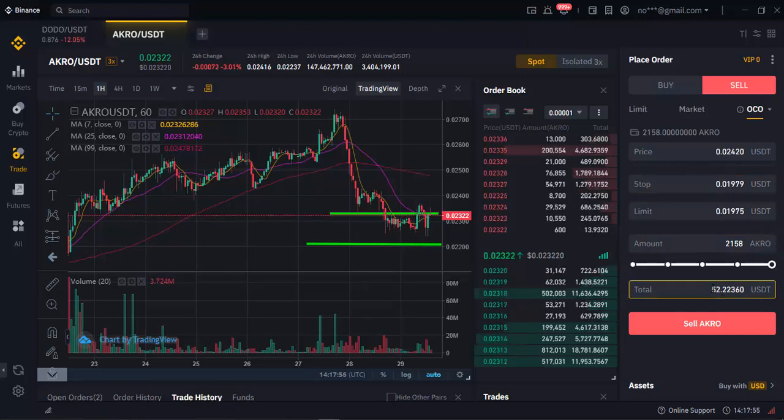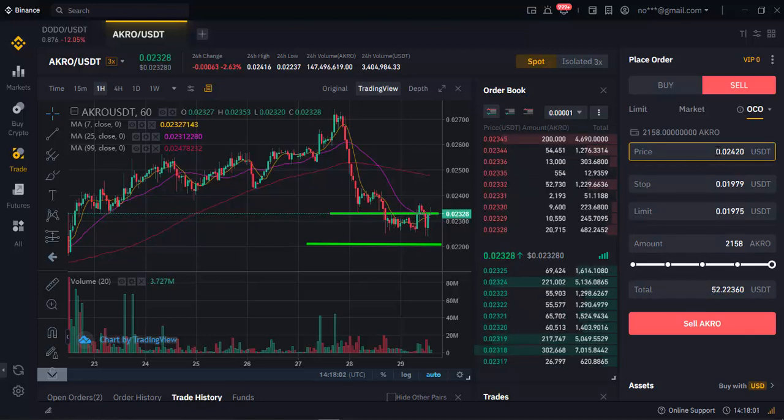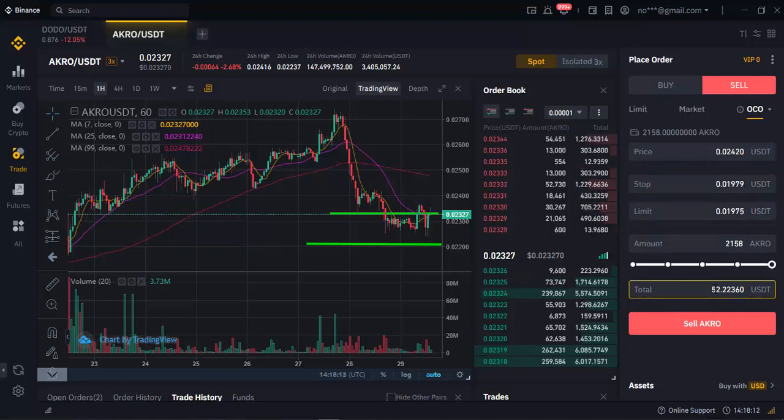Now the idea is, if the price of this rises all the way to 0.02420, then we are going to make a profit of what? This is 52.22 USDT, right?